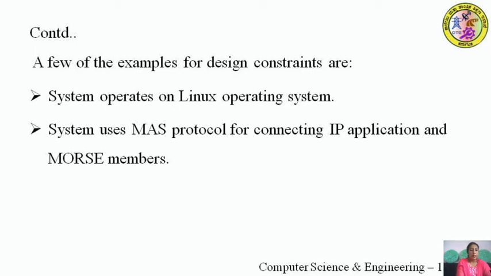The requirements specified in the first example indicate that the software has to function on a particular operating system called Linux operating system. Therefore, this becomes a design constraint. In the second example, the type of protocol to be used is specified, that is MAS. Again, this becomes a design constraint.